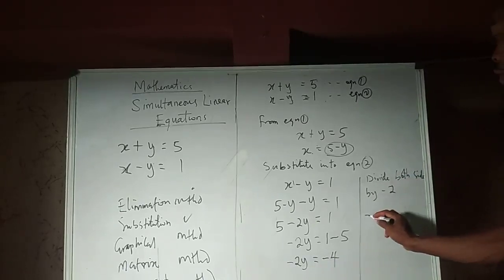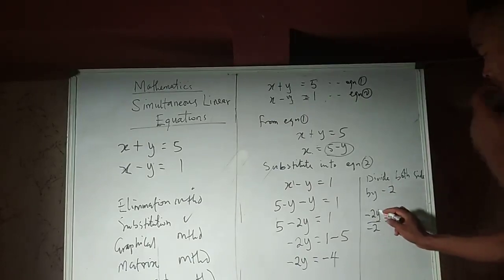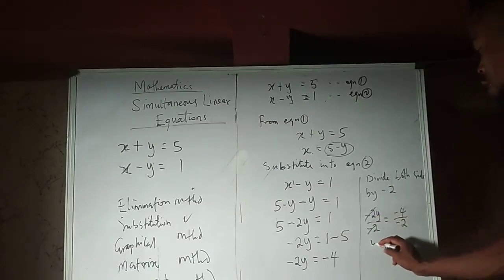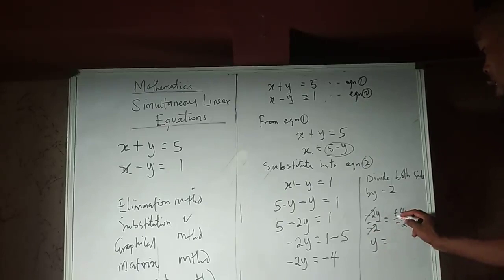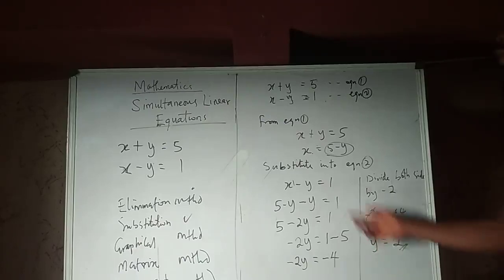Once we do that, we get minus 2y divided by minus 2 equals minus 4 divided by minus 2. So minus 2 will cancel minus 2, we are left with y equals, minus cancels minus, 4 over 2, which is 2. So you can see we still got the same value for y as in the previous example.